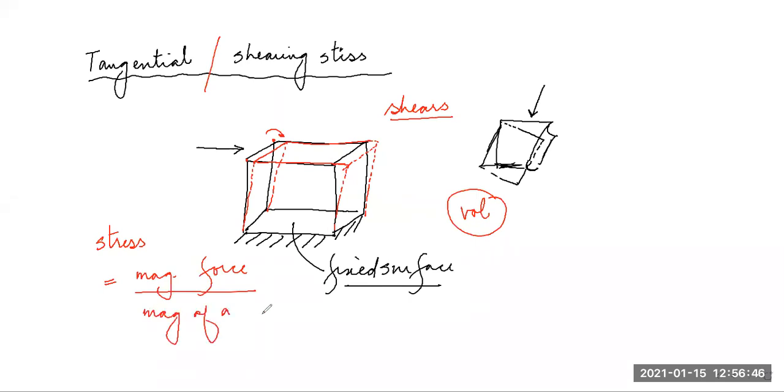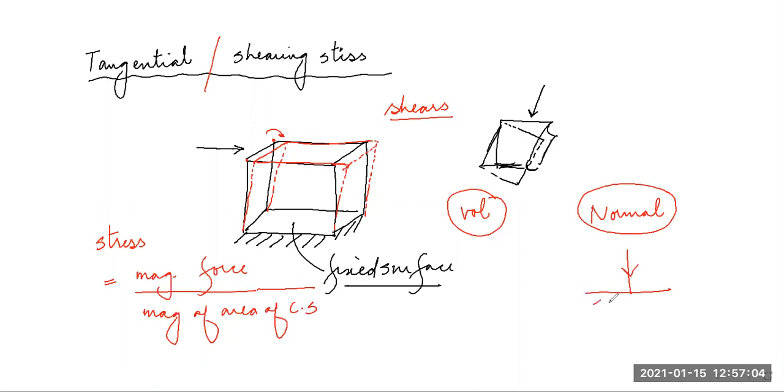As you can clearly see, students, in this case, unlike normal stresses, the forces applied on the surface are not acting perpendicular to the surface, as was the case in normal stresses, whether tensile stress or compressive stress. In both cases, the deforming forces or the applied forces were always perpendicular to the surface. Not in this case.